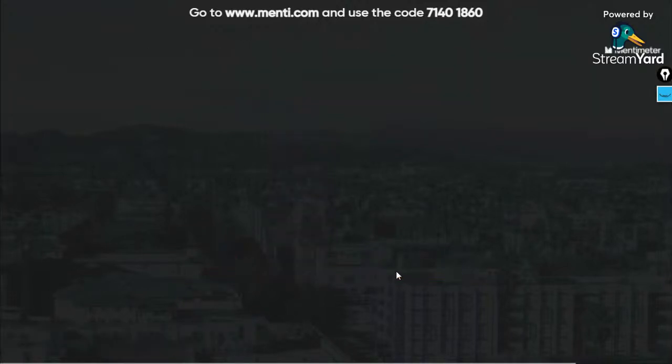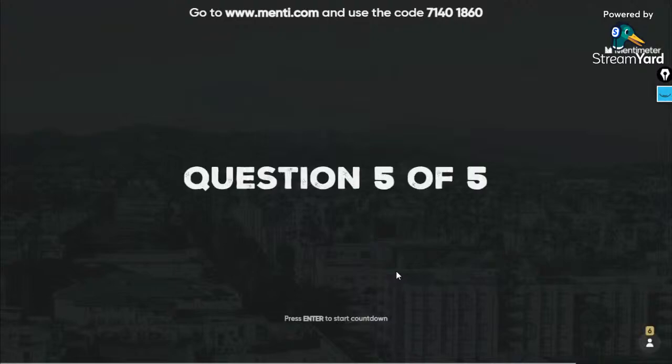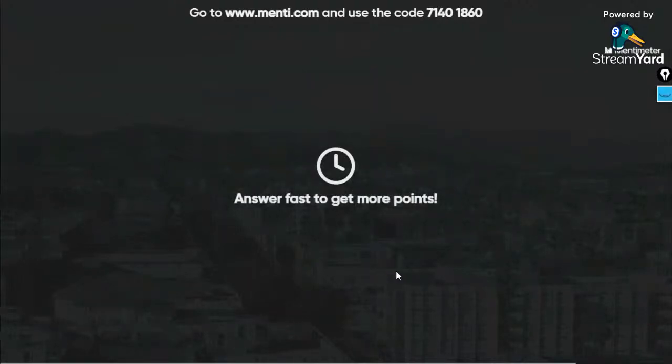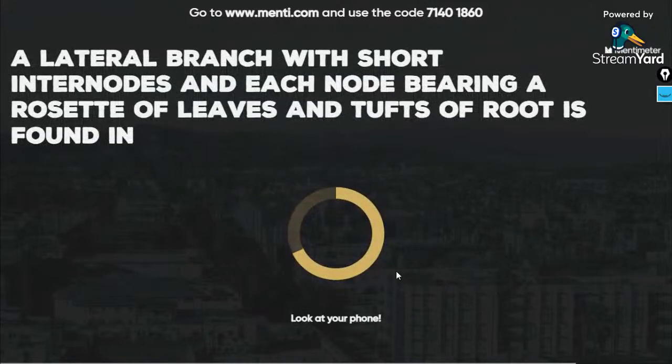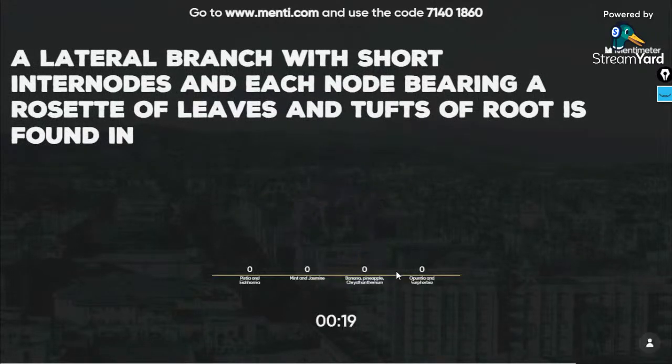Last and final question on your screens, everybody. Get ready for the last lap. A lateral branch with short internodes and each node bearing a rosette of leaves and a tuft of roots is seen in Pistia and Eichhornia, mint and jasmine, banana, pineapple, chrysanthemum, or opuntia and euphorbia.